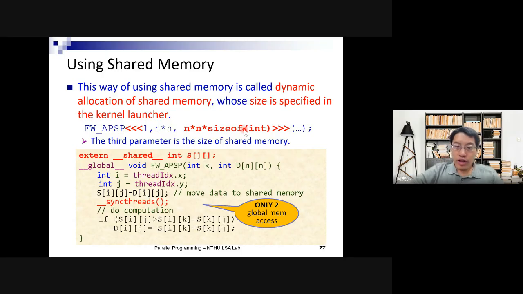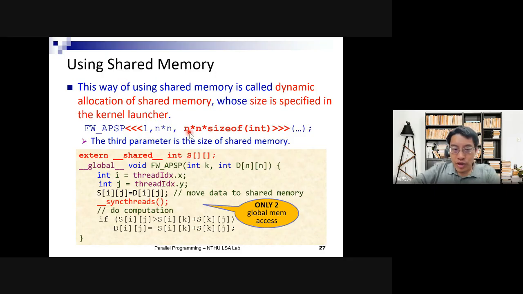Remember, there actually are 4 arguments for the kernel launch command. The first 2 are required and represent the grid size. The latter 2 are optional arguments for optimization, and the 3rd argument is the shared memory size.